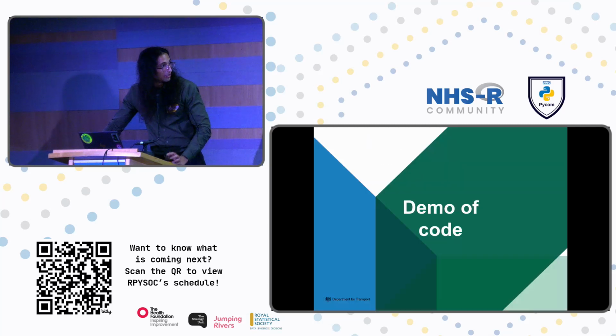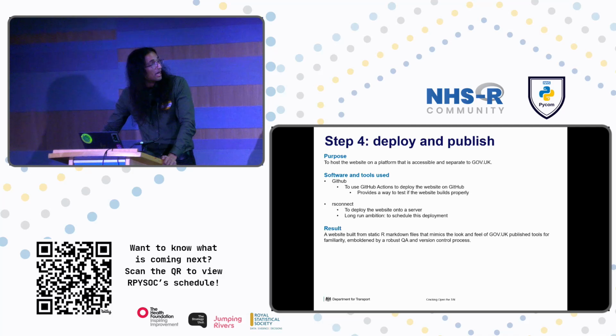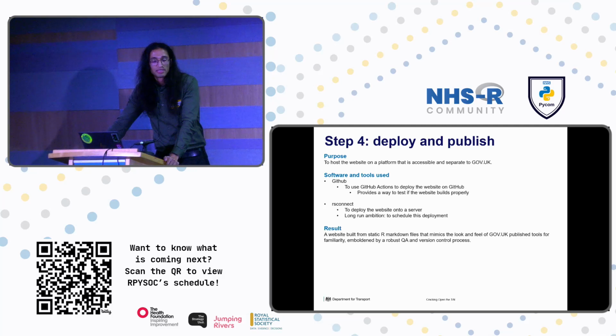There's another aspect of GitHub, just because of time, I'll skip that slide. There's another aspect of GitHub that we've used for this, which has proved to be very valuable, and that's through the use of GitHub Actions. The main part of this is being able to deploy the website on GitHub. This also acts as a way for us to QA it before we publish it around the department.